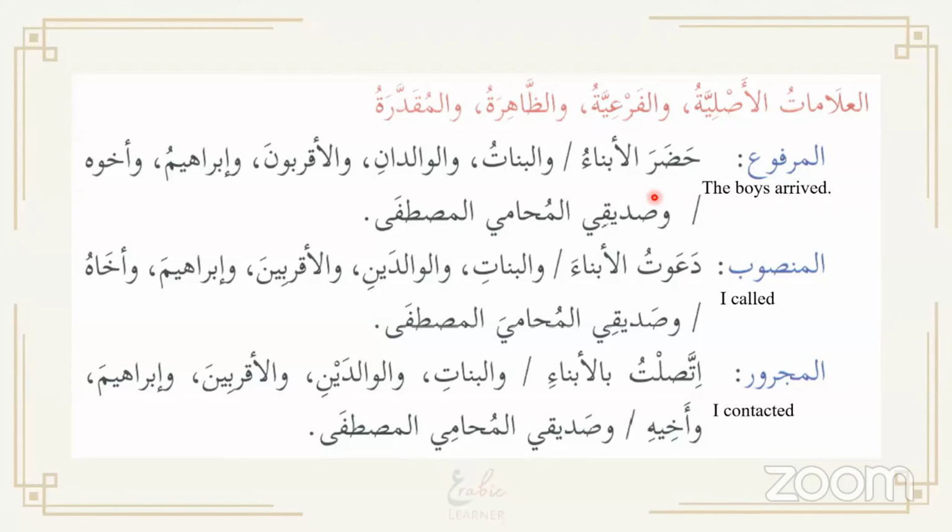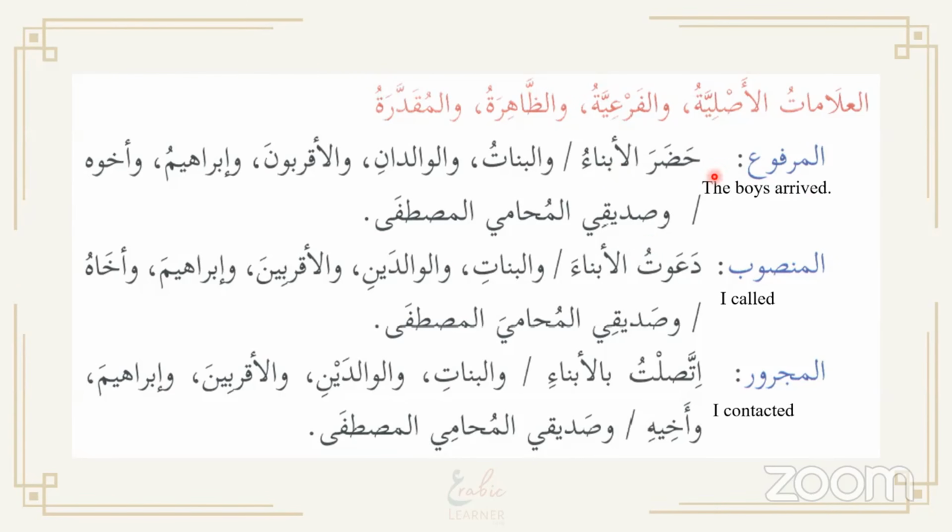words. Here, for example, the author says Hadar al-Abna'u, which belongs to the Asliya category, wal banatu wal walidani wal aqrabuna wa Ibrahimu wa akhuhu. And he is also including here Taqdeeri, Sadiqi, Muhami and Mustafa. Hadara means the boy arrived.